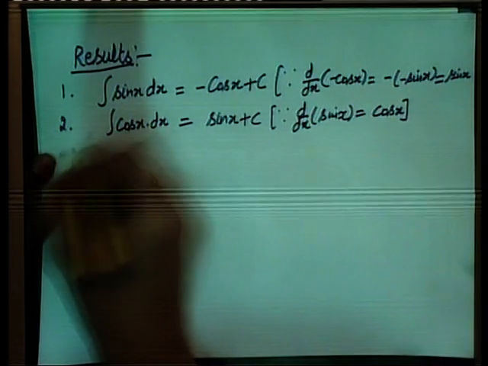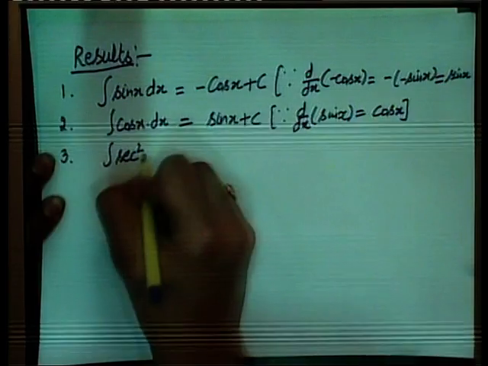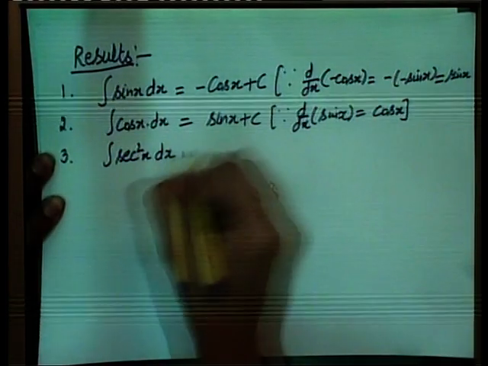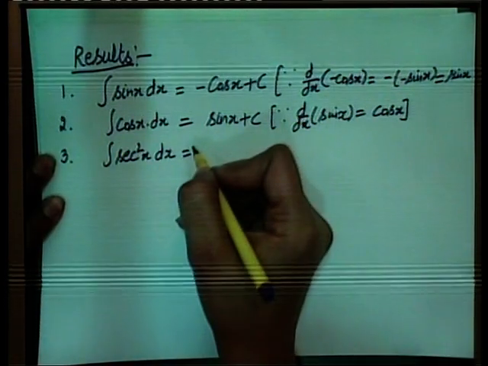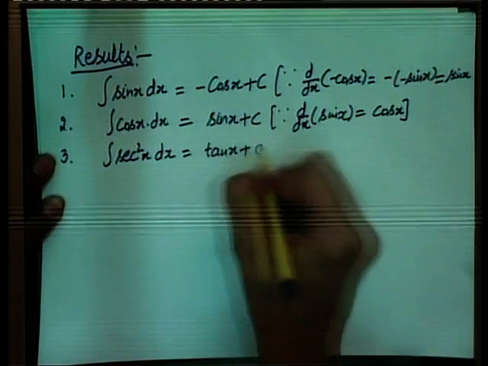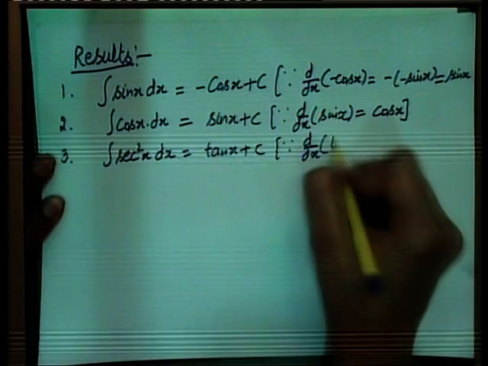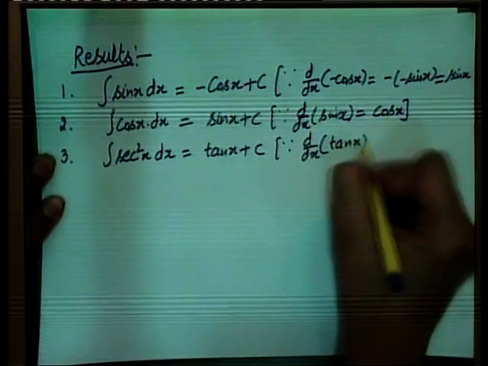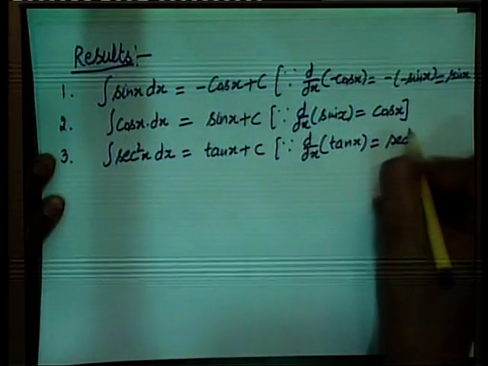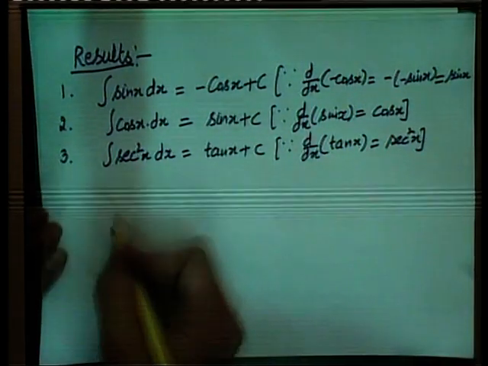Third result, integral of secant square x dx is equal to tangent x plus c, because derivative of tangent x we have already done is secant square x. Therefore, the integral of secant square x is tangent x plus c.